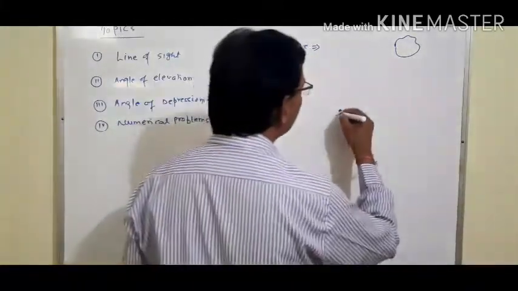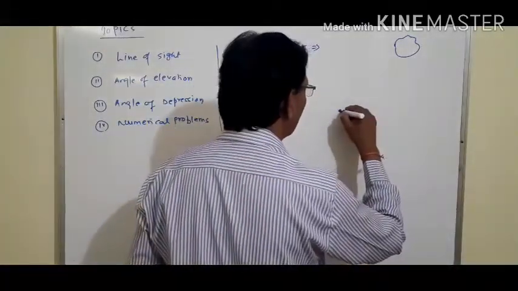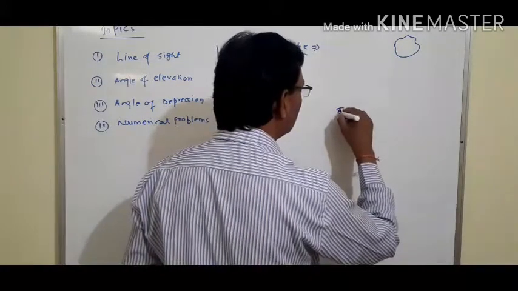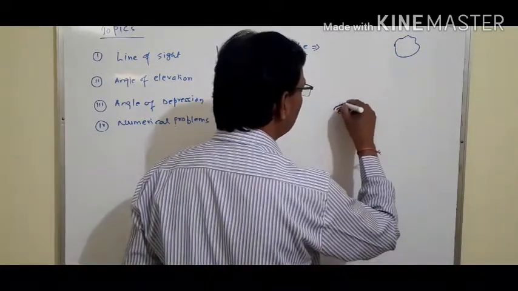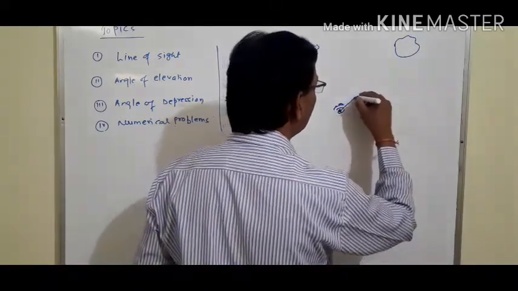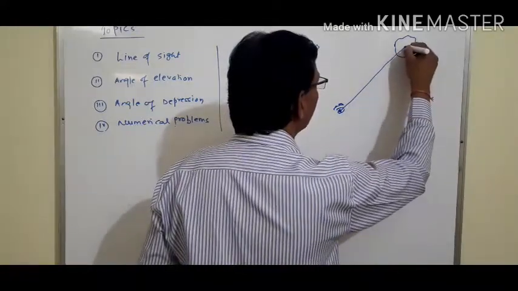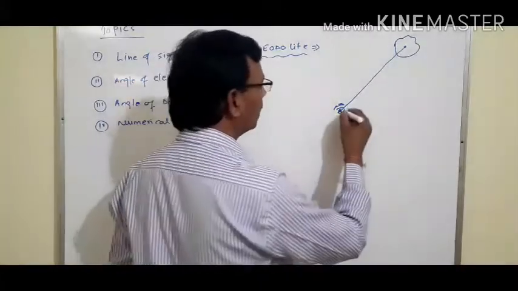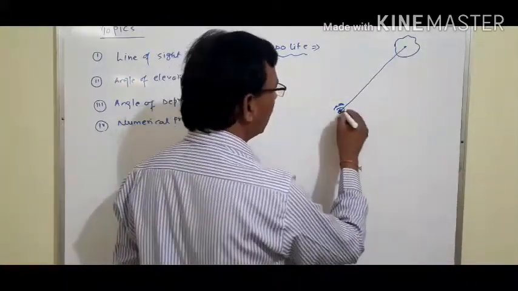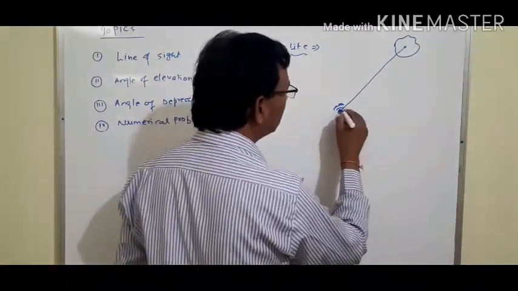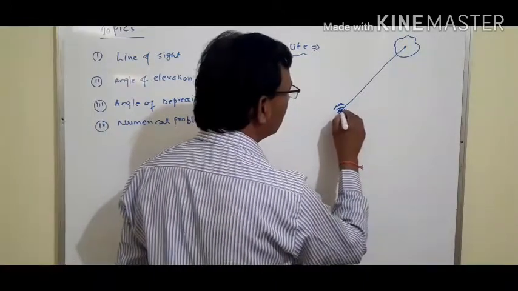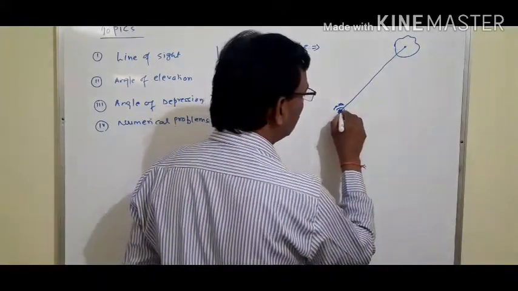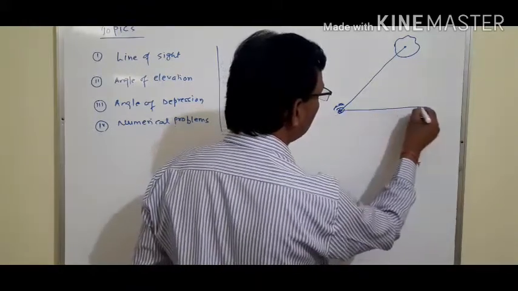Line of sight means a line drawn from the eye of the observer to a point on the object, and the horizontal line means a line drawn from the eye of the observer parallel to the horizontal.